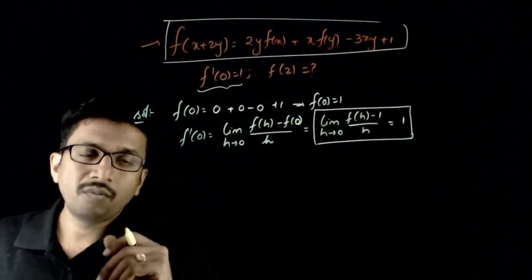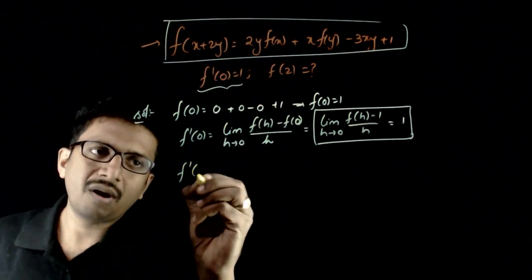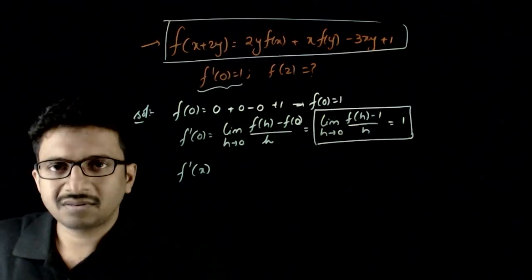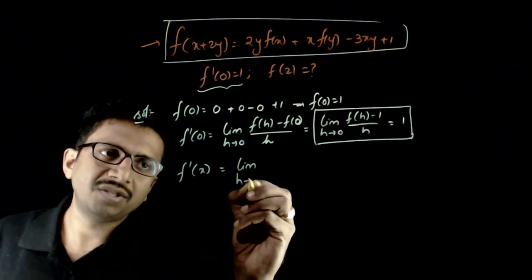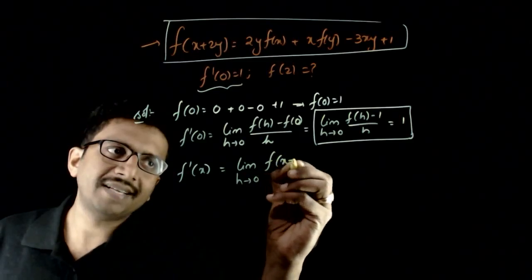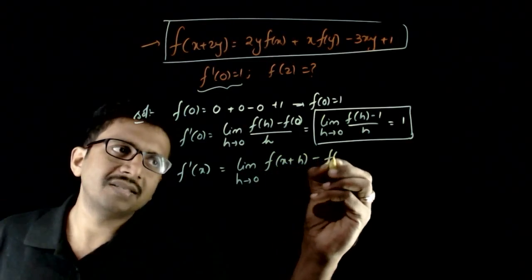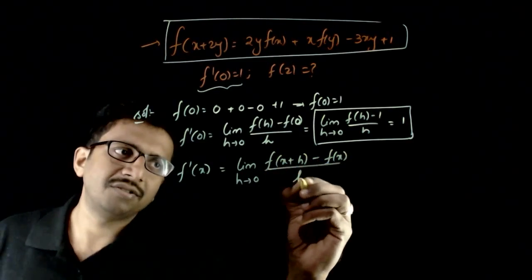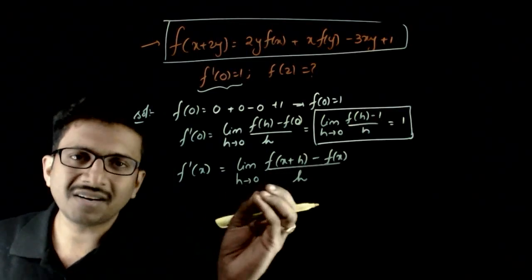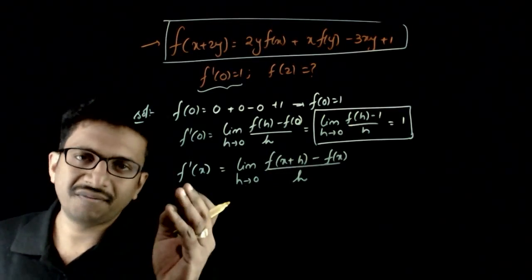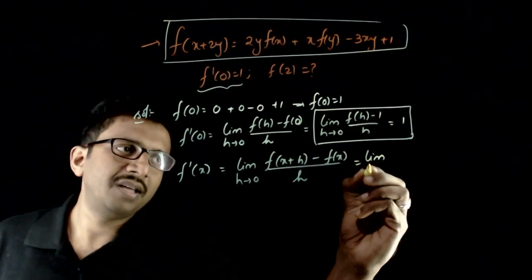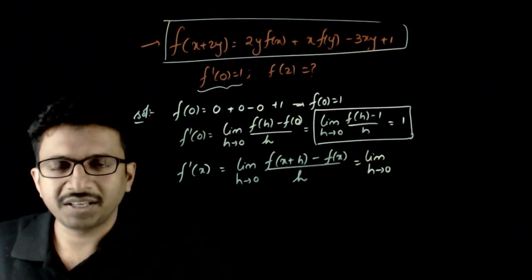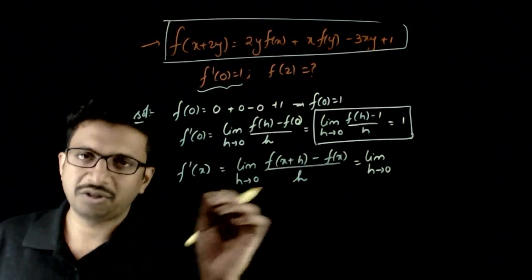Now what is f dash of any number x? So f dash of x is equal to limit h tends to 0, f of x plus h minus f of x by h. This is the general definition of the differentiation at some x. That is equal to limit h tends to 0, f of x plus h.